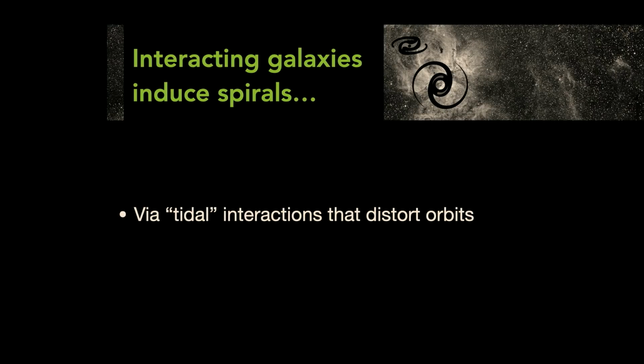These are via so-called tidal interactions, interactions that vary across a particular structure in much the same way that we have a tidal influence from the sun and the moon on the oceans of Earth and on the land of Earth, but we see it most visibly in the oceans of Earth. These tidal interactions can distort orbits and can cause orbits to precess in interesting ways.